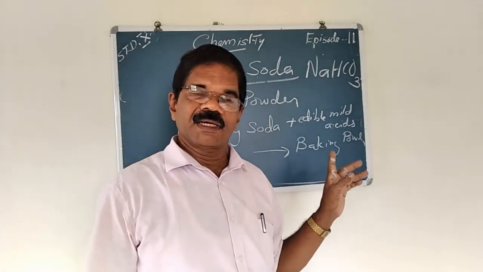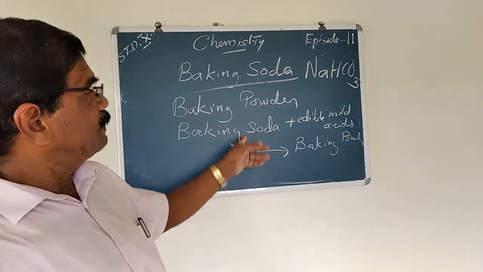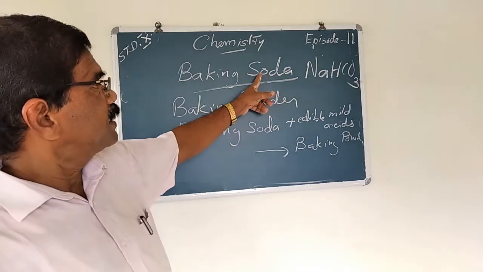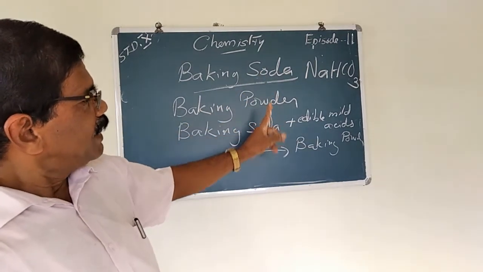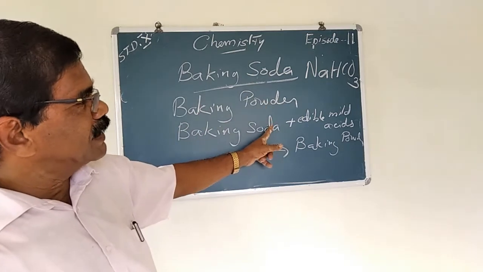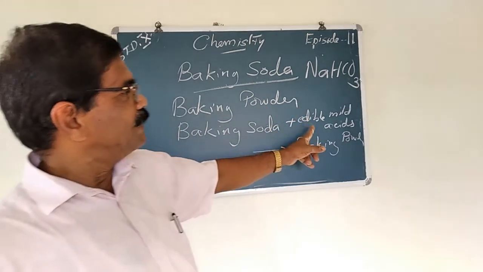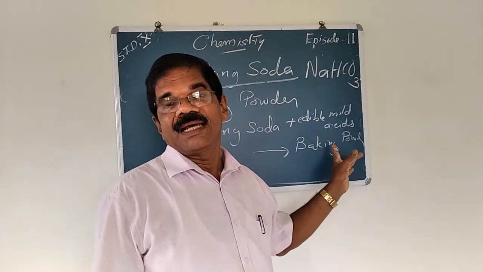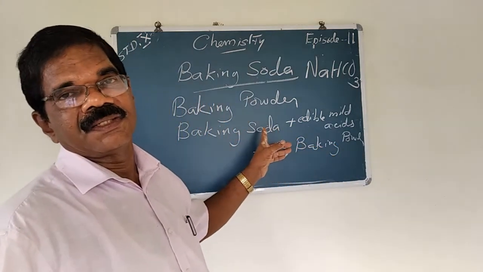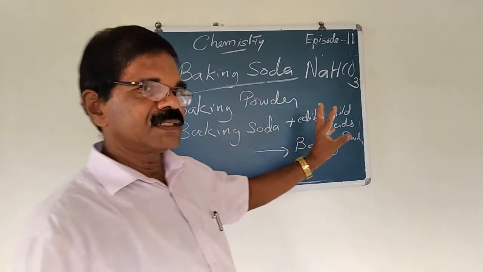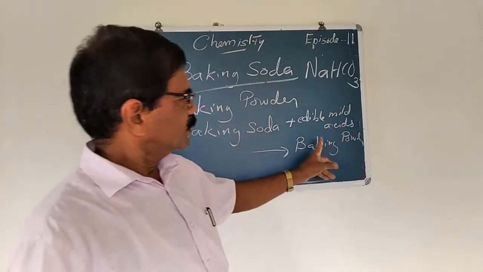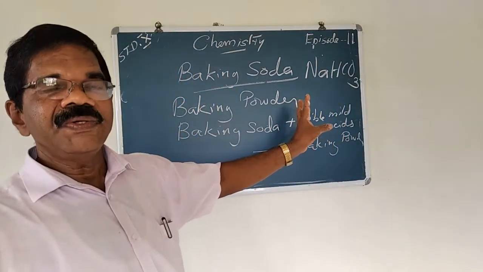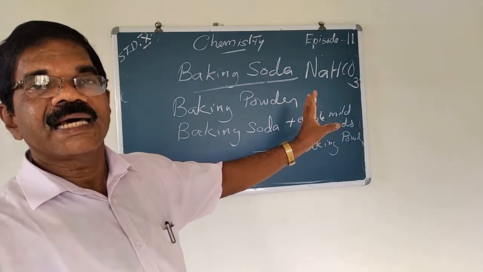You must please remember the baking powder. There is a difference between baking soda and baking powder. Baking soda is mixed with edible mild acids. Edible means usable, mild means weak. The commonly used edible mild acid is tartaric acid.